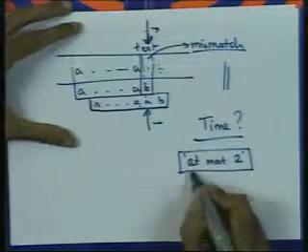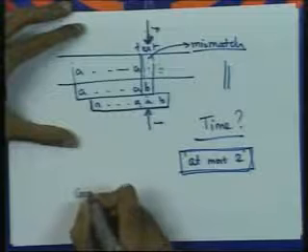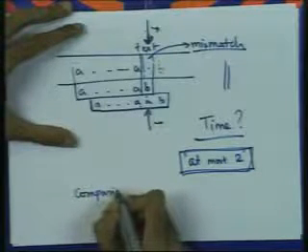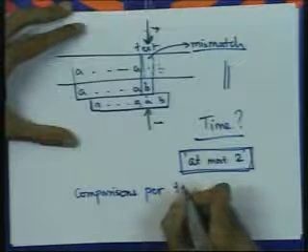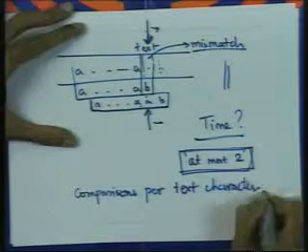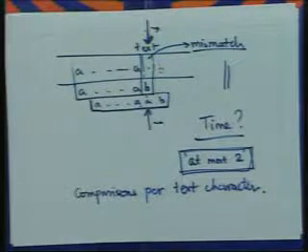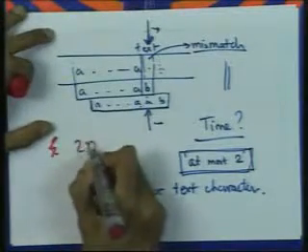So there can be at most 2 comparisons per text character. For each character in the text there can be at most 2 comparisons. So the total time is 2n.